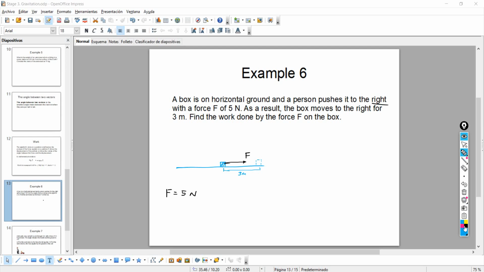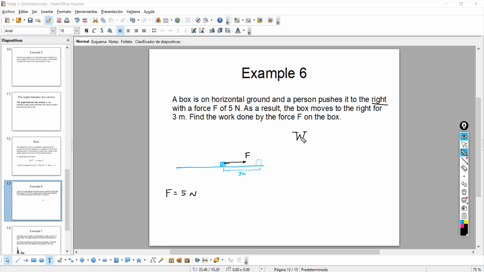Okay, perfect. So what do I have to do? I need to make use of the formula that I gave you in the last slide in order to know what the work is. Oh, and by the way, you may be wondering why I'm writing these little things in here. I suggest you do the same, guys.